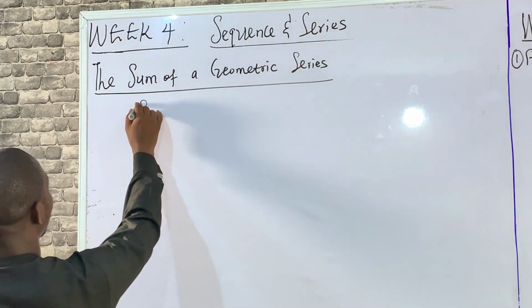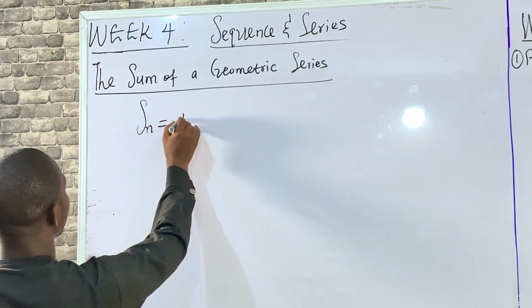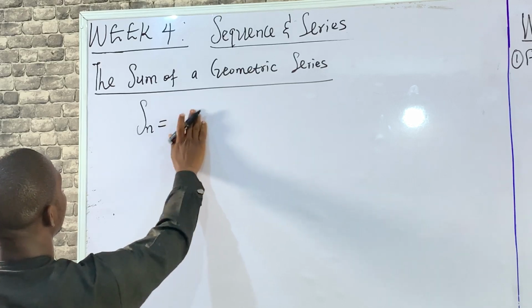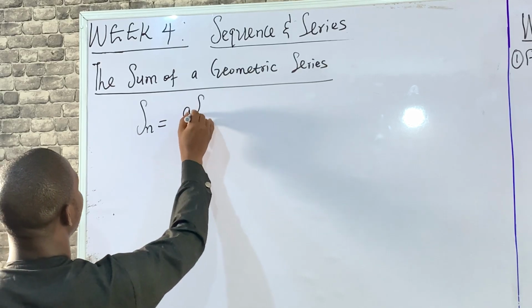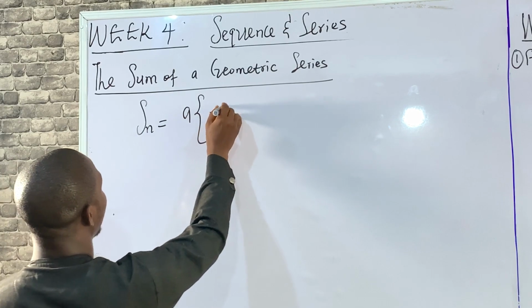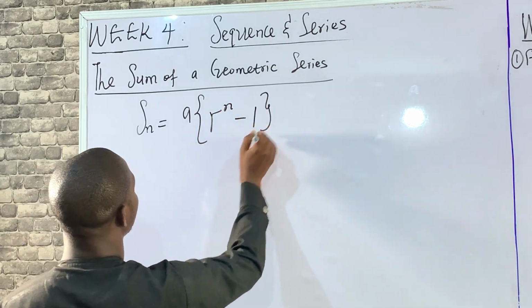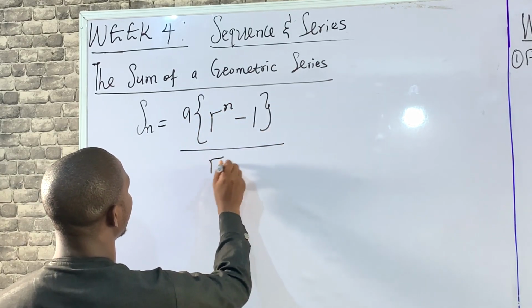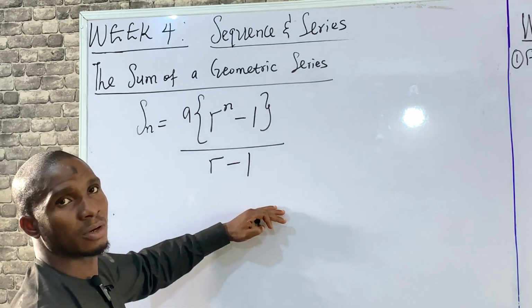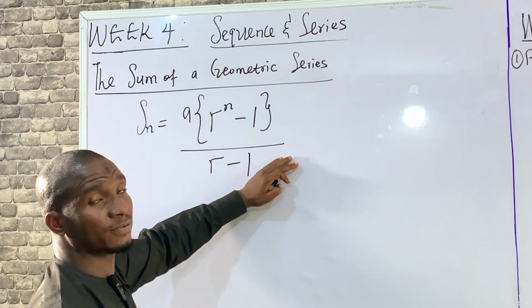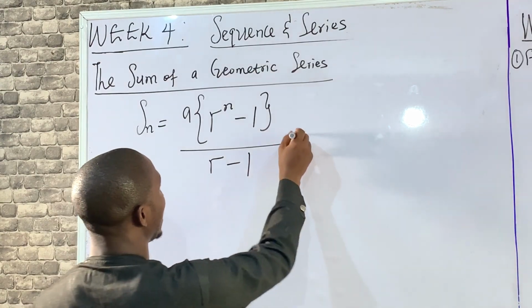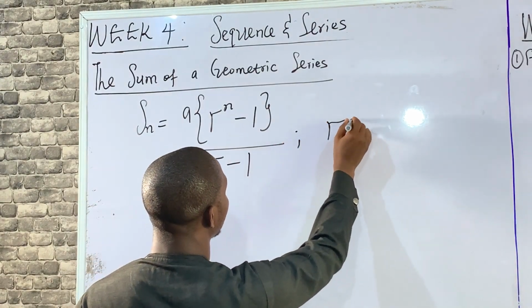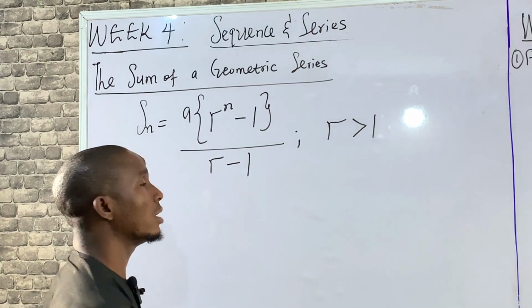The sum of a geometric series Sn is a into bracket r raised to power n minus 1, divided by r minus 1. You can only use this formula when your common ratio is greater than 1.